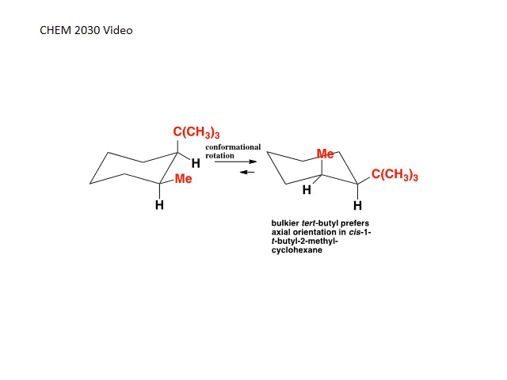Okay, one final example, let's look at when the groups are not the same in the disubstituted, and I have the cis 1 tertiary butyl 2 methyl cyclohexane drawn for you on the left. I've put the tertiary butyl group in an axial position and the methyl in an equatorial. They're both pointing up.